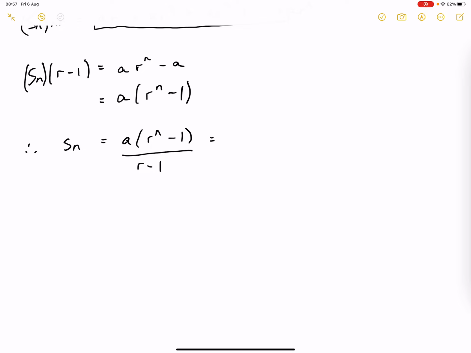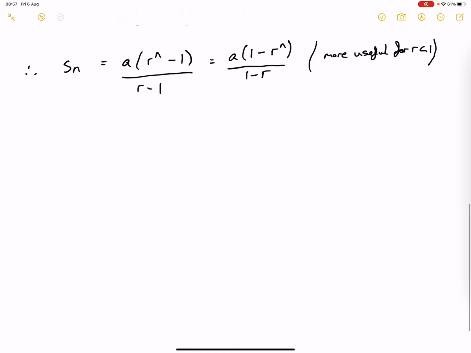So you'd have a times 1 minus r to the n over 1 minus r. These are equivalent expressions, it's just that this one is more useful for r less than 1.